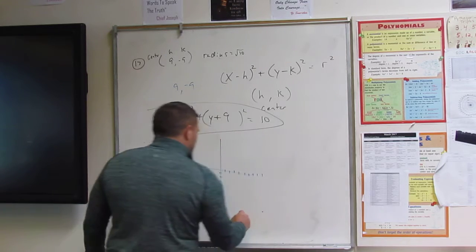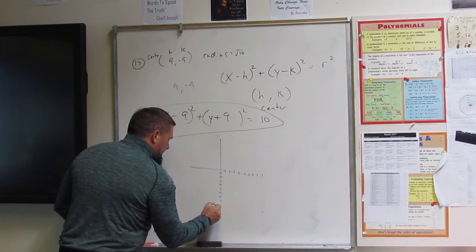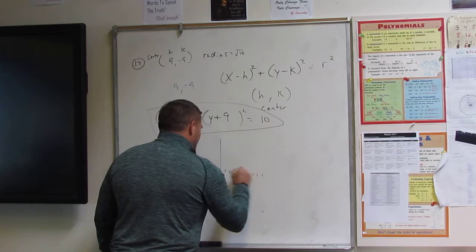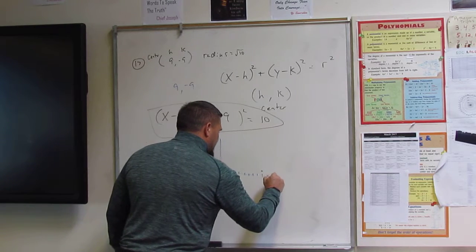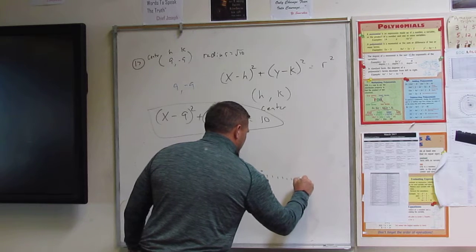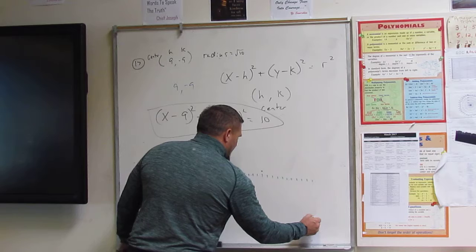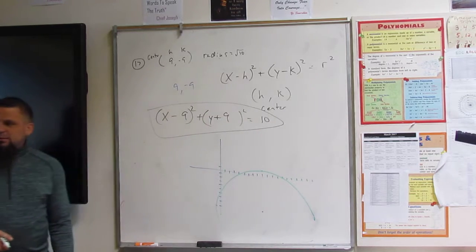Alright. So then I would have another dot out here, because the radius is 10. And 10 plus this would put us at 1, right? And then 10 plus this would be 1, 2, 3, 4, 5, 6, 7, 8, 9, 10, out here. And then the other one would be down there. But this would be our circle. Right? Does that make sense?